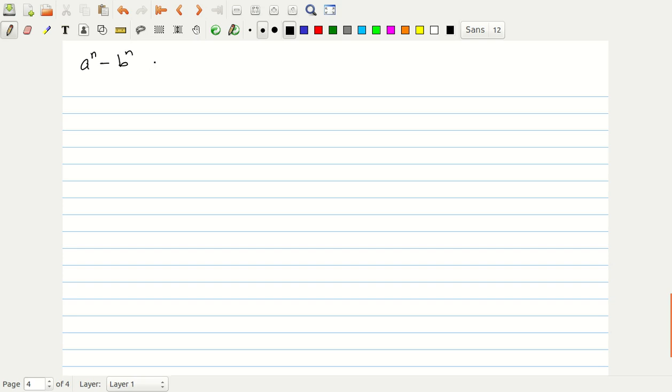Suppose I have something like this, and n is even, so you have something like a to the power 6 minus b to the power 6. Now you will realize that this a to the power 6 minus b to the power 6 is divisible by a minus b as well as a plus b.